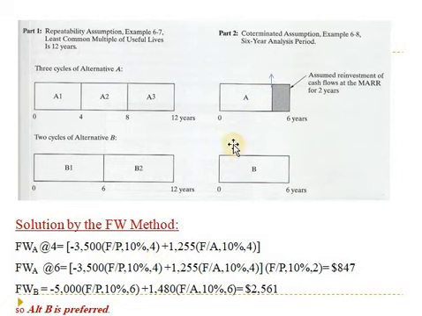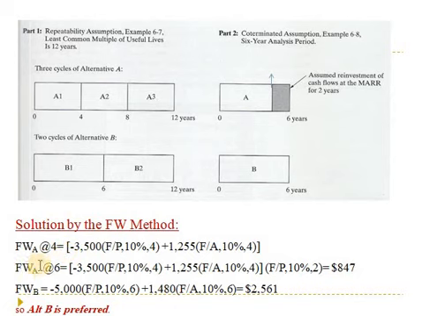Now what do I have? I have an annuity of 1,255. What is the future of the annuity? It is F equals A into F knowing A, I, N, because I have 4 years. Okay, so this is the future at year 4. How do I change it into future at year 6? I will say that all of this value becomes P, present at year 4.